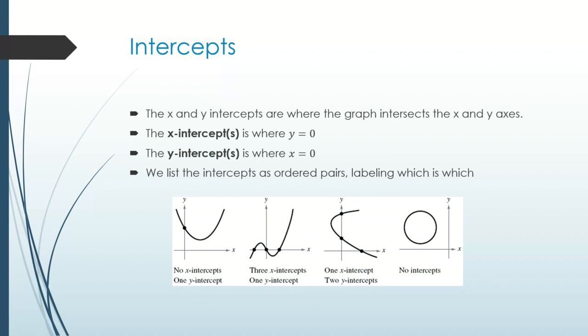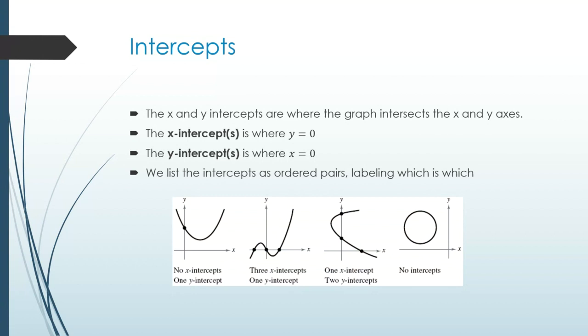In the second graph, we have 3 x-intercepts because it crosses the x-axis 3 times, but it only crosses the y once. In our third, it crosses the y twice, so there are 2 y-intercepts and 1 x-intercept. And then it's possible to never cross either one, which means there are no intercepts.